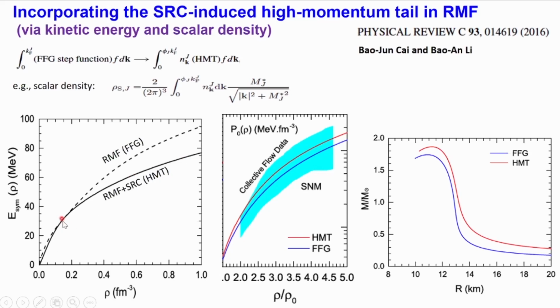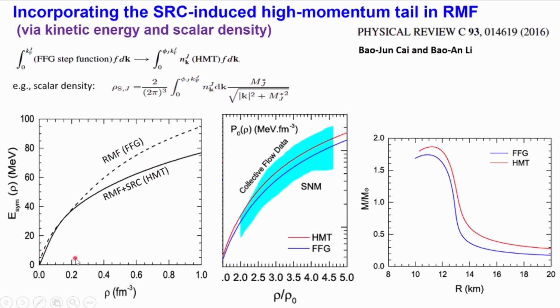So at the saturation point, you have to reproduce the saturation properties and empirical properties of some nuclei. If you keep that point the same, then you see that the short-range correlation will reduce the symmetry energy at both high density and low density.